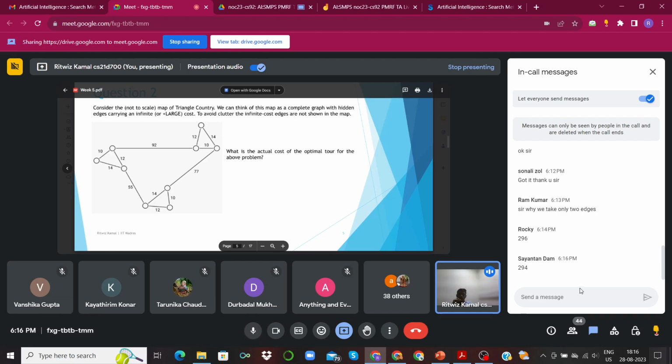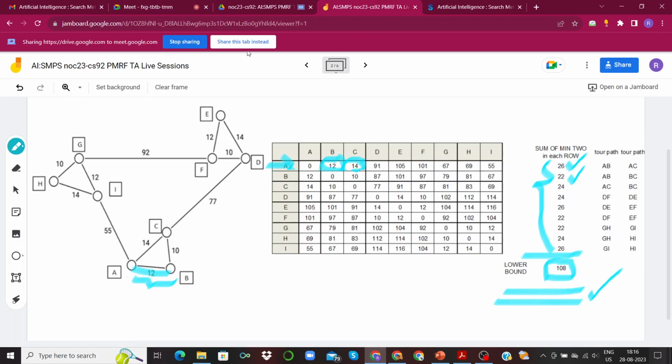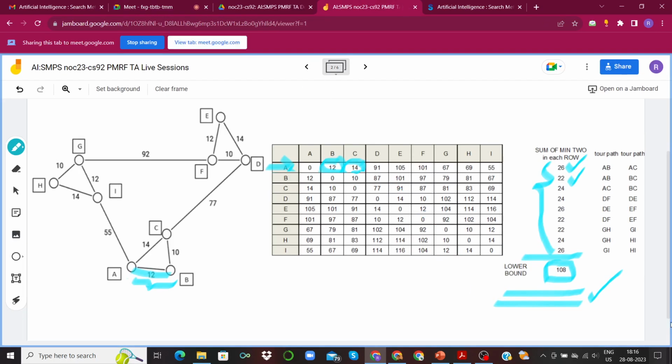Okay, so we have a couple of answers. Now let's find the optimal tour and see for ourselves what the correct cost of the optimal tour is.